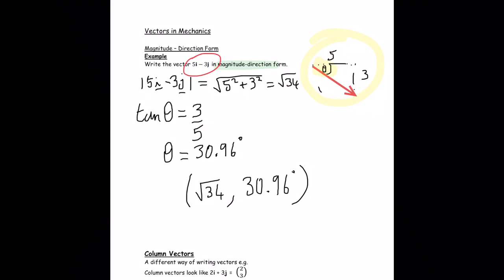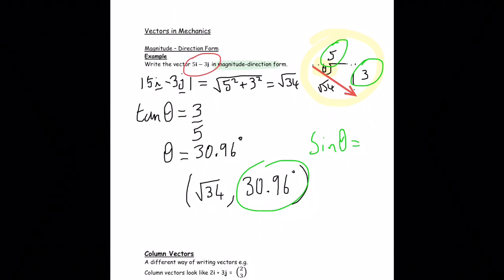Now remember that root 34 represents the length of the line there. So if we are given a vector in magnitude direction form, then we should be able to work out the i and the j component using our SOHCAHTOA work. Just remember that sine of your angle would equal the opposite over the hypotenuse.